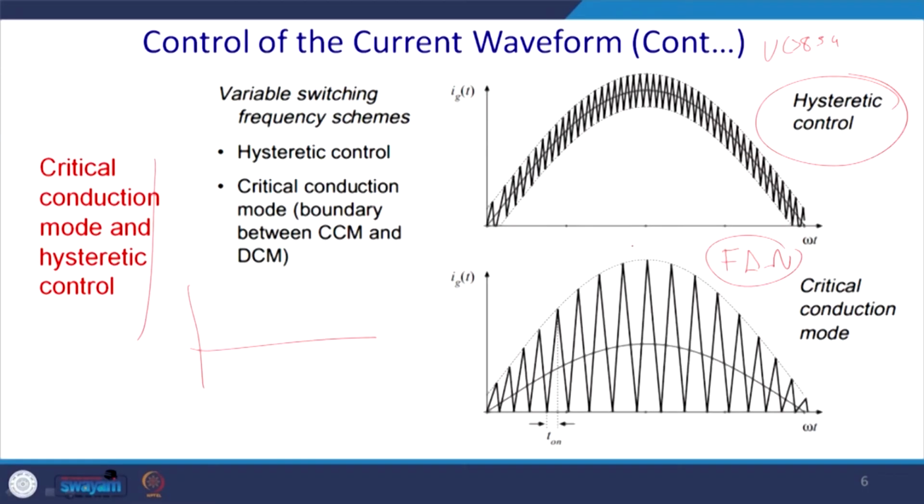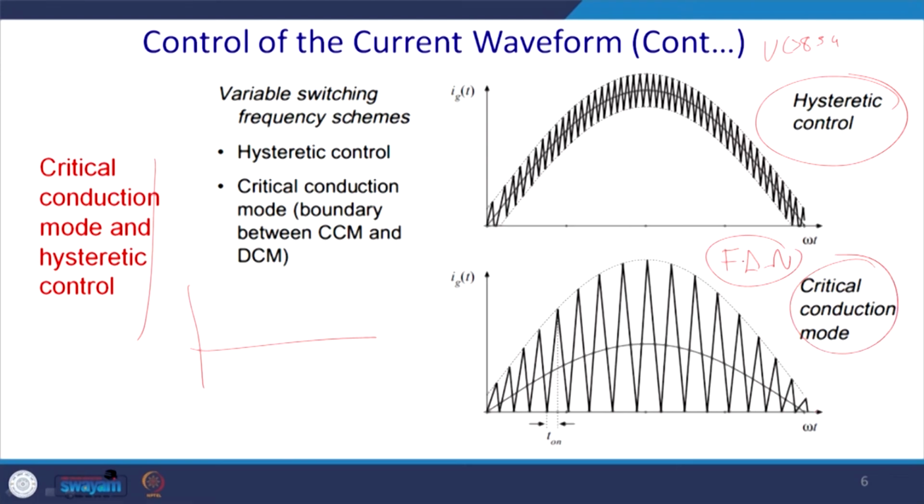This is the way it will work. Ultimately it will filter, and your input current will be chopped like this, like the Sydney Opera House, something like that. So, you will get it like this.